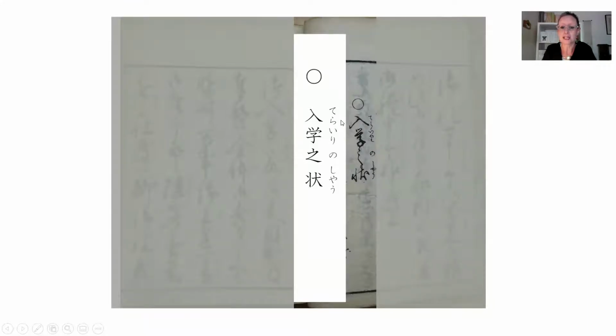Again, we needed to maintain in the furigana what appears in the original, in this case, tera iri. Now, tera iri makes perfect sense as a reading for nyūgaku because nyūgaku is to enter school, and the school at the time would have been a terakoya school. That's why tera iri was also another way of reading this compound.